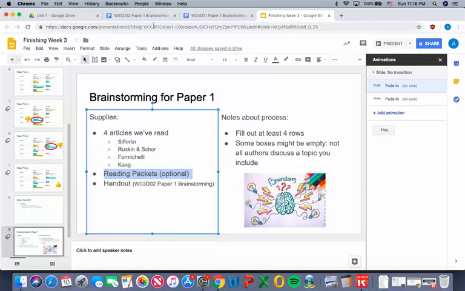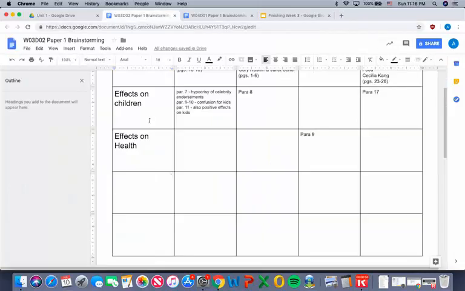This is a place where it's important to do good annotations, because right now the reading packets are pointing out the important ideas to you. When you don't have the reading packets to ask the questions and bring the more central ideas to the surface, you'll have to have good annotations and good reading skills so that those main themes surface.